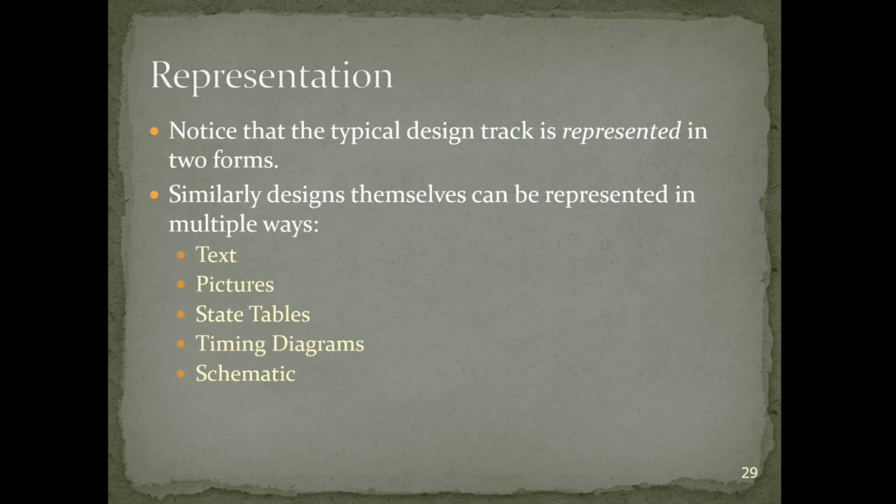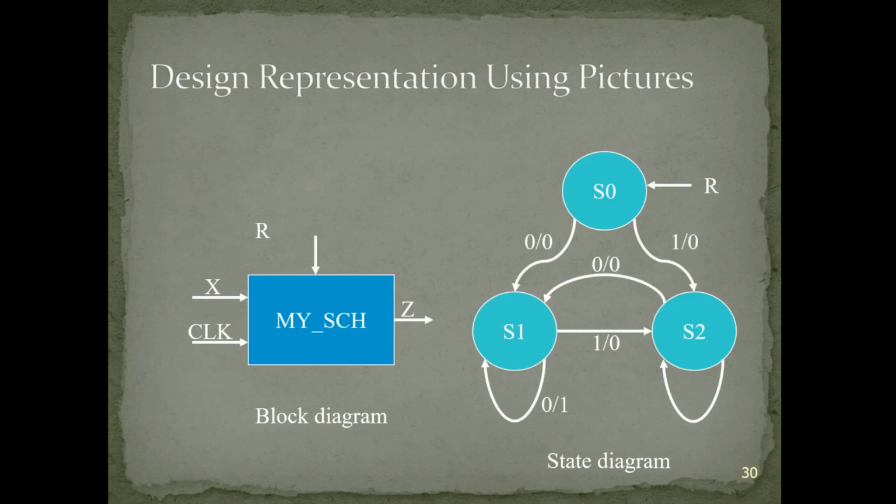We can represent them as text, as discussed, as pictures, as state tables sometimes, as timing diagrams, or perhaps as schematic. And again, just to show you some examples, here is basically a design type of entry, which is using pictures, so a fairly graphical way of data entry.